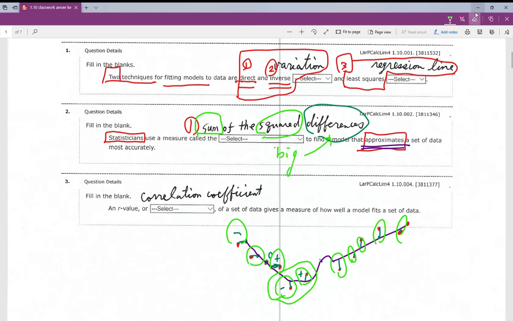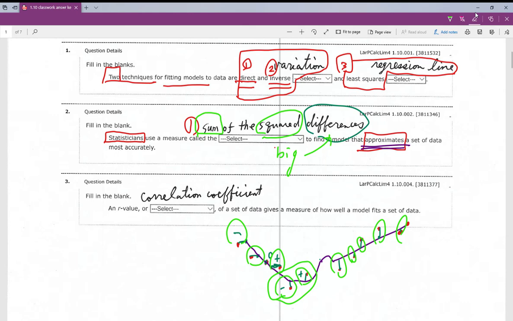Now, I don't want to spend too much time on this because statistics may teach you more detail. What you have to learn here is just the name. The sum of the squared difference can tell you whether the model you choose is a good fit or not.